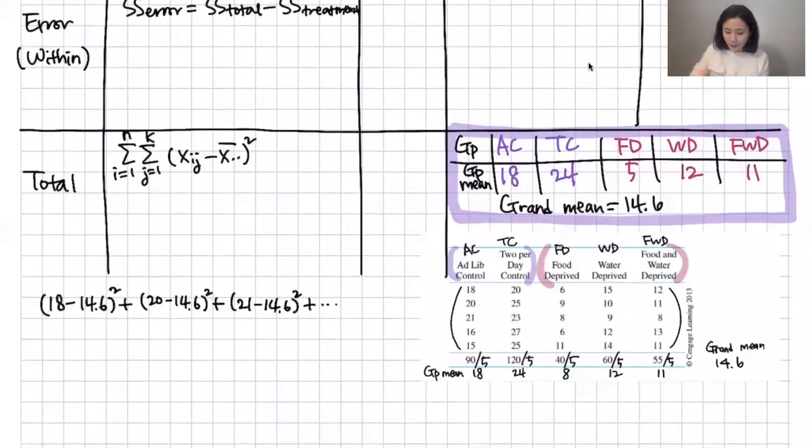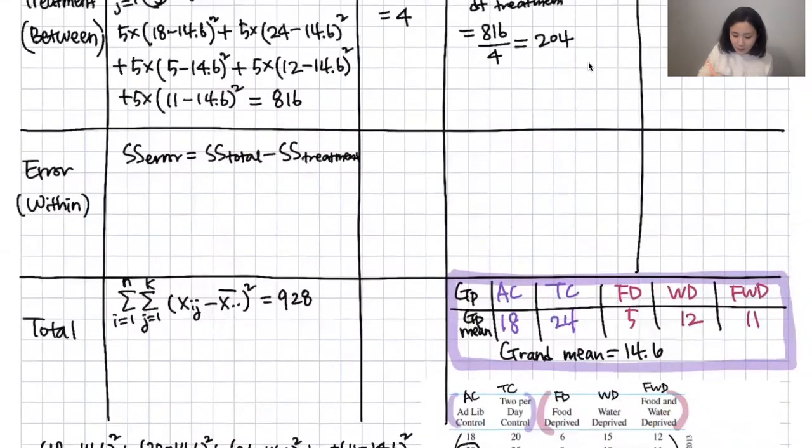So 18 minus the grand mean 14.6 squared, and the second one, 20 minus 14.6 squared, third one, 21 minus 14.6 squared, up to the last number, 11 minus 14.6 squared. So it is 928.